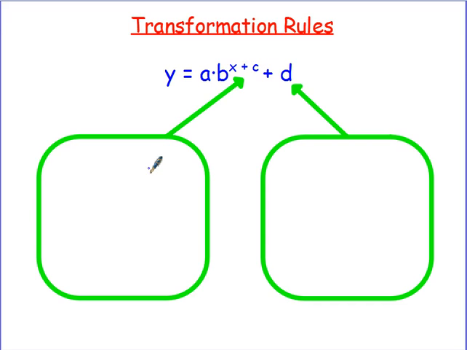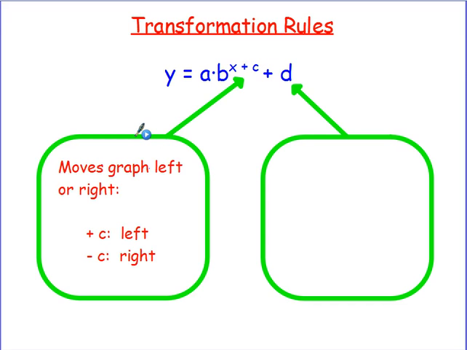And so the information you need to know is that this moves the graph to the left or to the right. The exact same rules we've heard before. If it is a positive C, it moves it to the left. If it's a negative C, it moves it to the right.